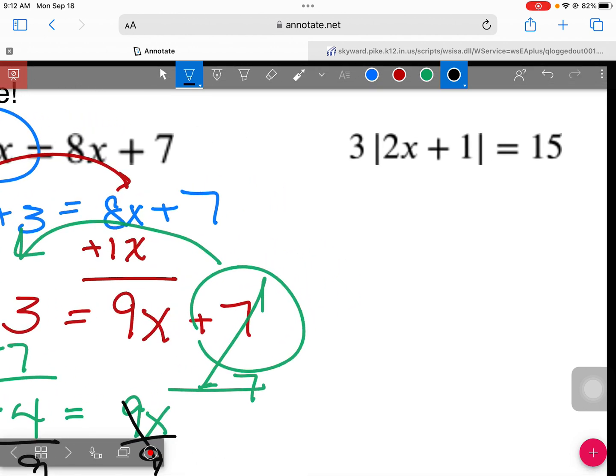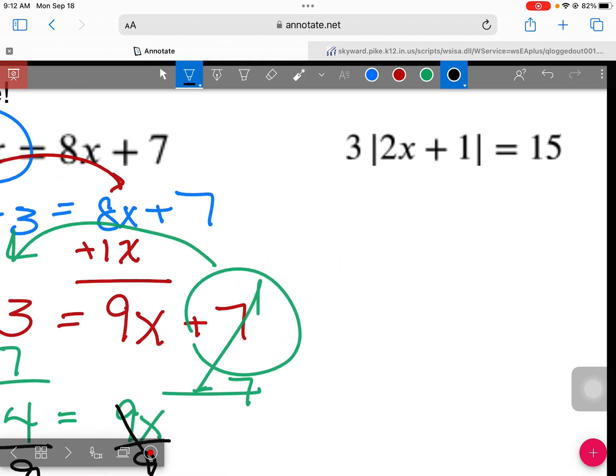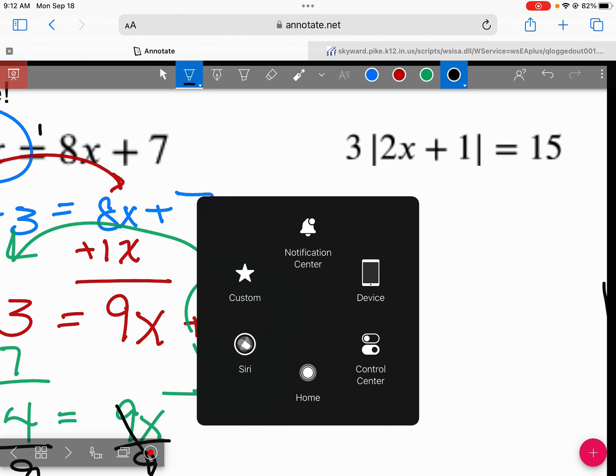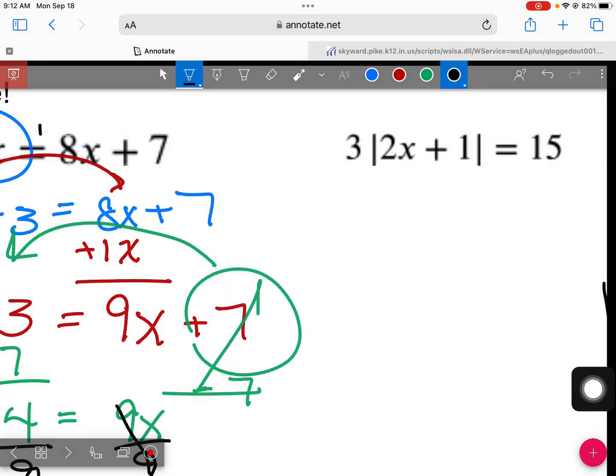All right, so the second problem says 3 times the absolute value of 2x plus 1 equals 15. What are our key words? What are our key words for absolute values? Isolate and separate. Is that isolated? Is it by itself on one side? No. Okay.